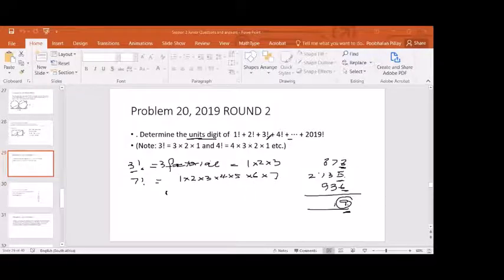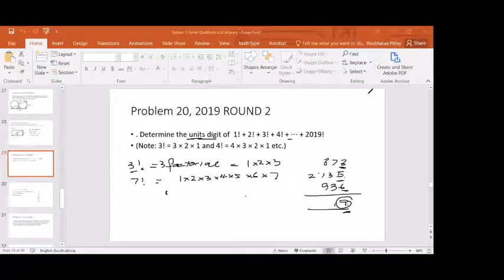So to add this thing up here now, I'm going to erase, maybe I better not erase it. Okay, 1 factorial is 1. I'm going to add these numbers up.